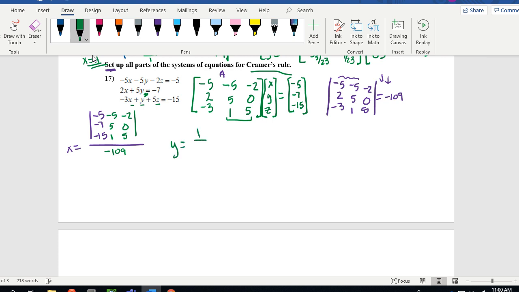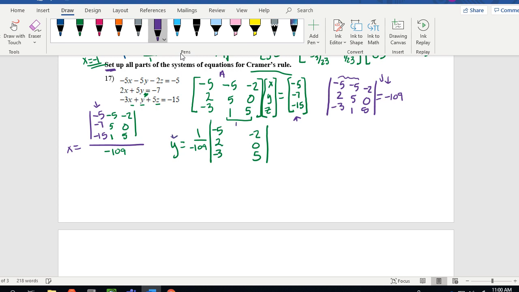You can write it, I'll show you one other way. You can do it 1 over -109 times the determinant of, okay, this is going to be -5, -3, -2, 0, 5, but this is where we use the solutions matrix again. It got, for the x, it shows here.